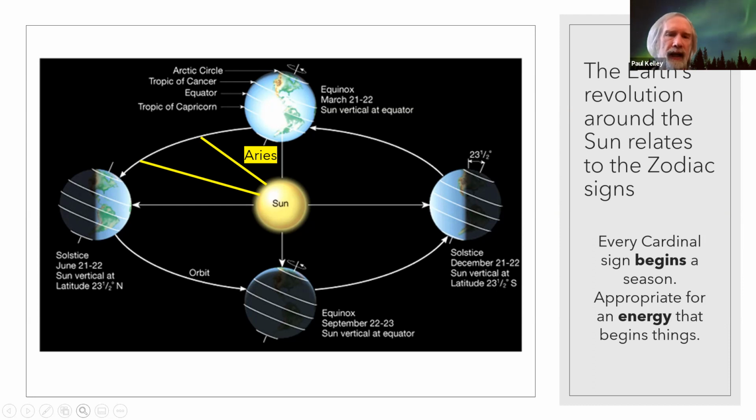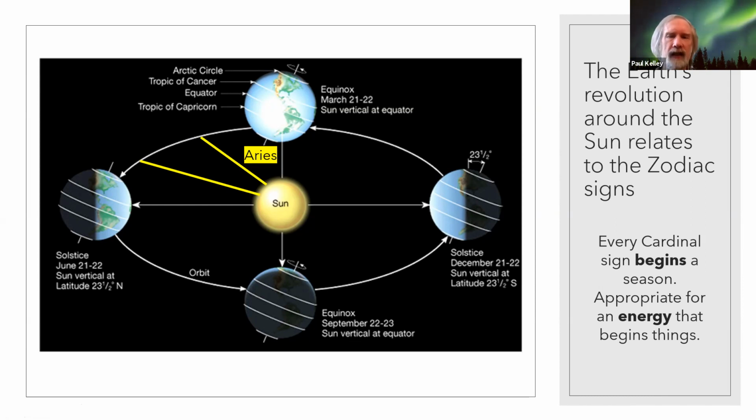As it moves to the point where we're getting into the second third of the season, the sun moves into Taurus. As the Earth moves around to the third 30-degree segment of its orbit around the sun, the third part of that season, the sun moves into the sign of Gemini.